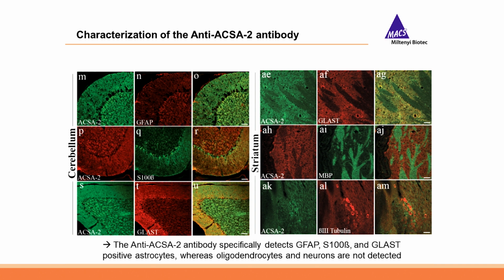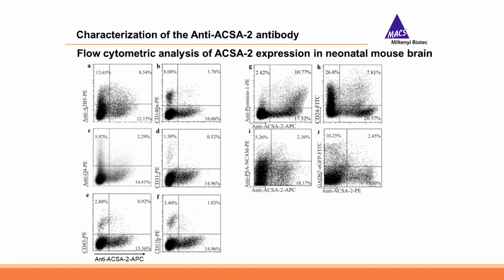The next slide shows the flow cytometric analysis of AXA2 expression in the neonatal mouse brain. In A and B, it's shown that 40 to 50% of A2B5 positive cells show AXA2 expression, which shows that glial committed precursor cells express AXA2.